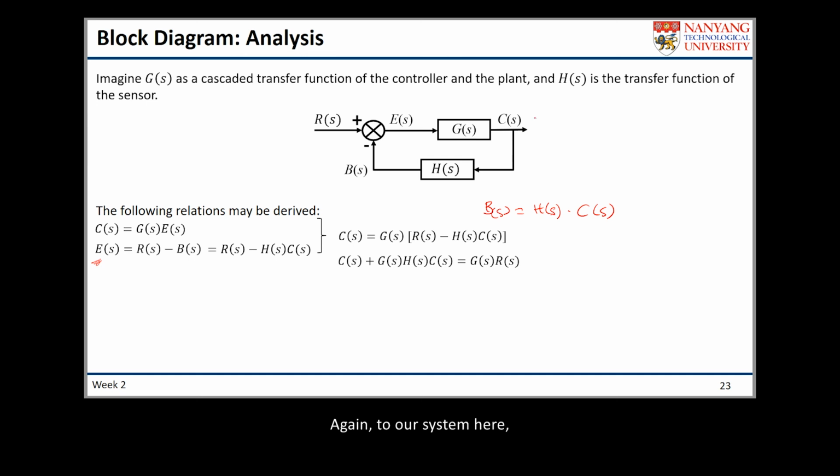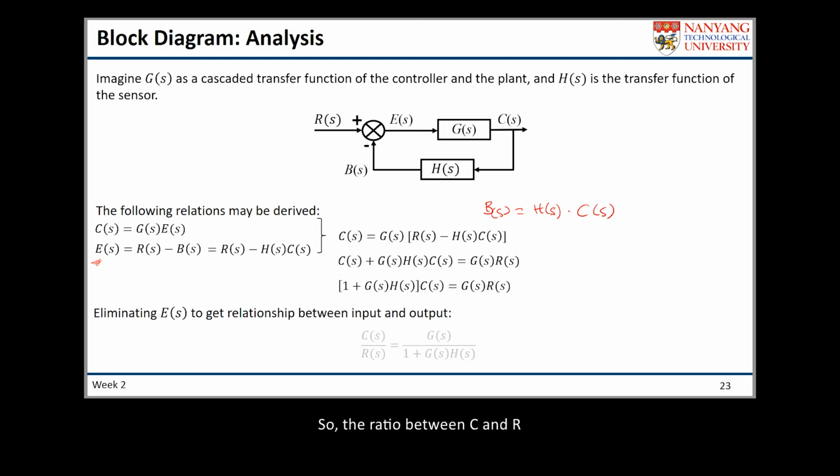Again, in our system here, C is the output, R is the input. After I have this expression, I can find the transfer function of this complex system by taking the ratio between output C and input R. So the ratio between C and R will be as follows.